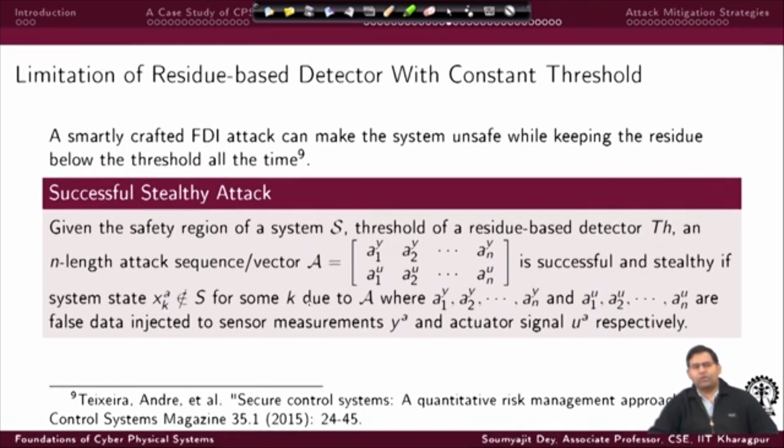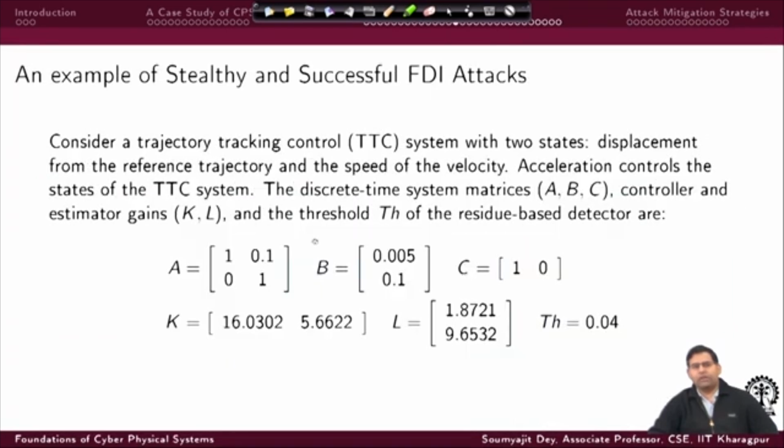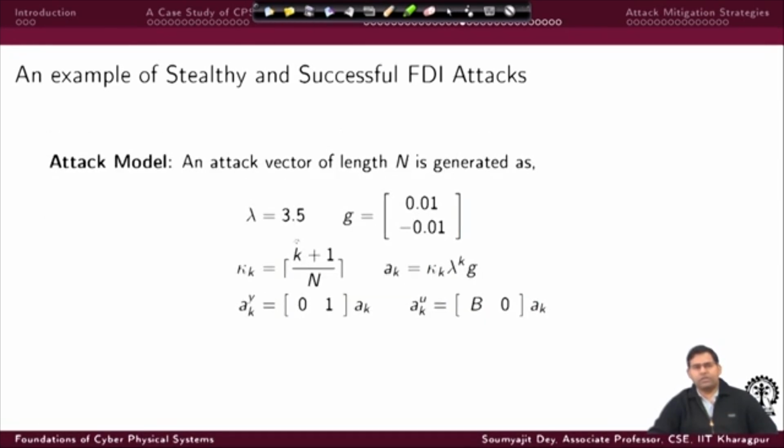So, we showed that here with an example. Let us take this trajectory tracking control system, and for this system we considered an attack generation method. On the measurements, an attack of this value is being injected in the kth instant. There are some generator values, where in every kth instance this scalar value is given by k plus 1 by n, and then you have a weighted value of lambda.